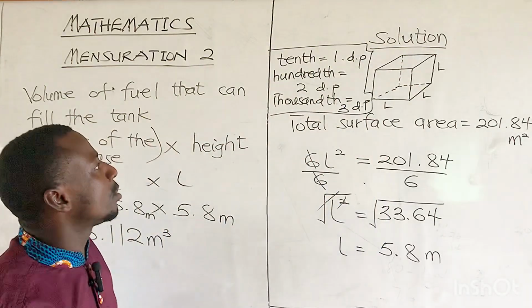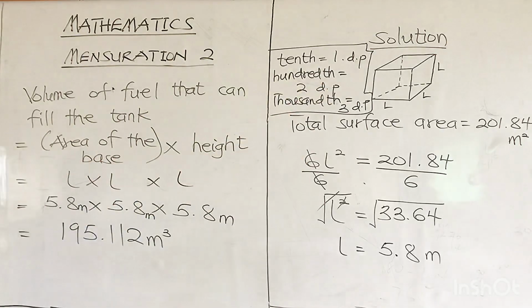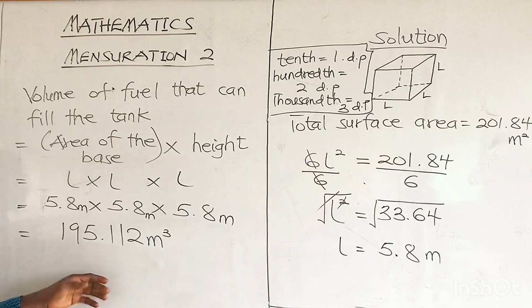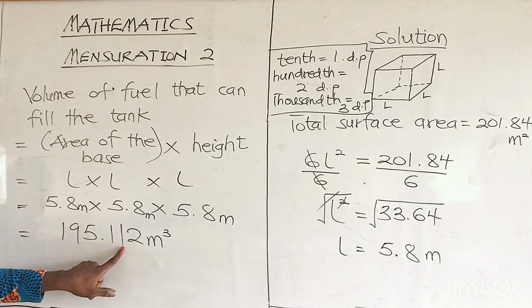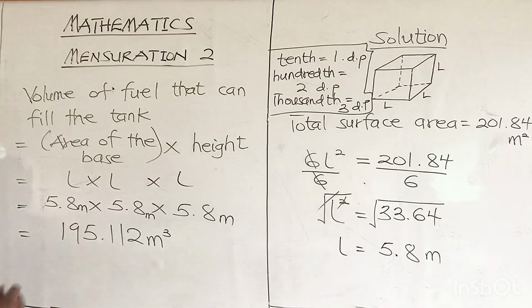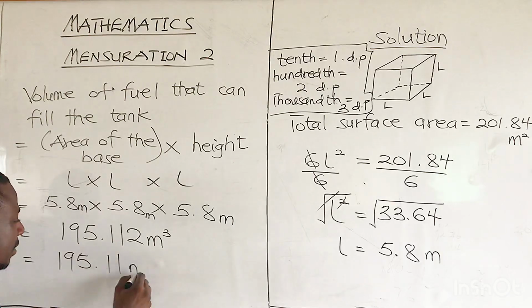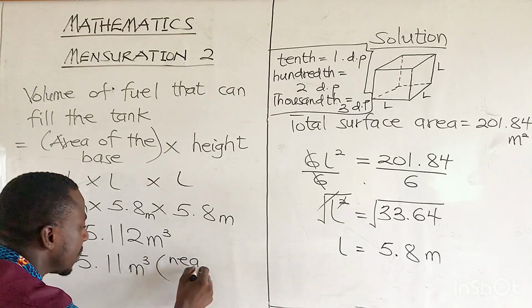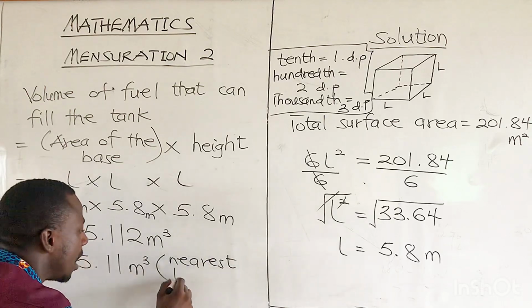So because it's to the nearest hundredth, we correct this to 2 decimal places. So we have 1, 2. Now the number that follows is less than 5. In that case, the answer is 195.11 meters cube, to the nearest hundredth.